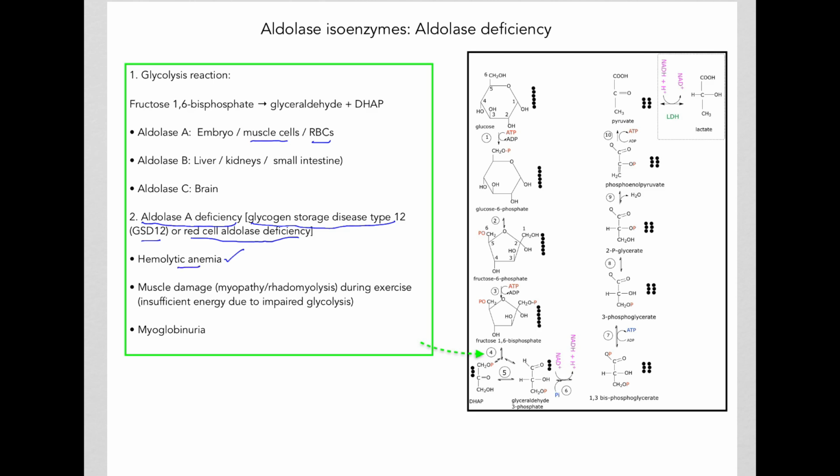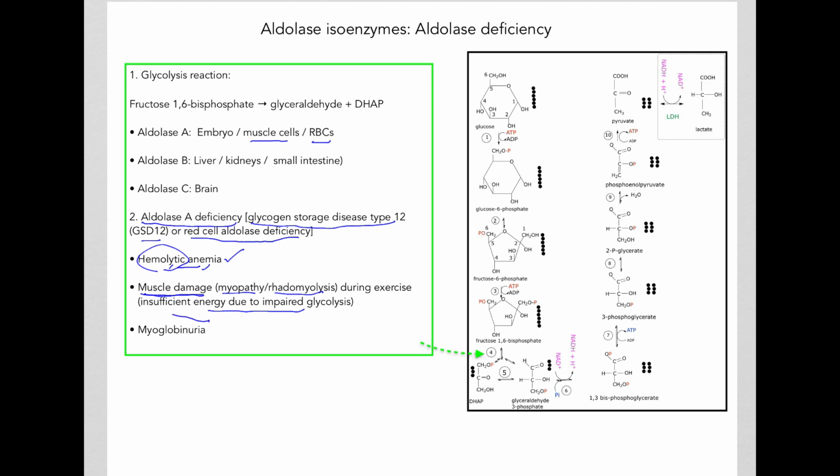Red blood cells are broken down, leading to anemia. We also see problems with energy generation in the muscles. So there is muscle damage, myopathy or rhabdomyolysis, muscle cells breaking down due to insufficient energy production during glycolysis in the muscles.